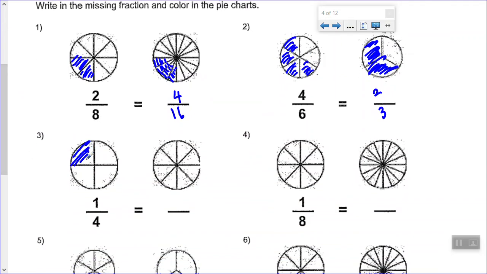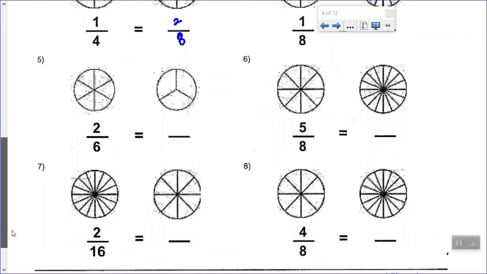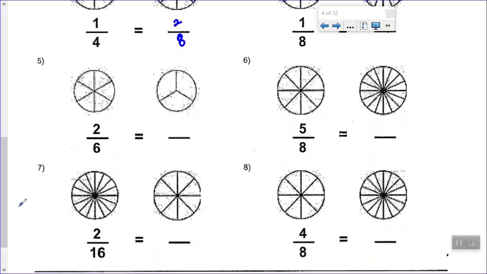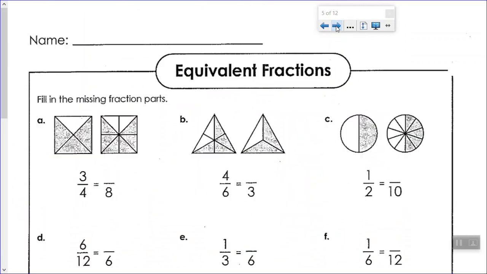You have 1/4 is the same as, if you shade them, same as 2/8. So I want you to try all the other problems on the same page and then check your answers with me.